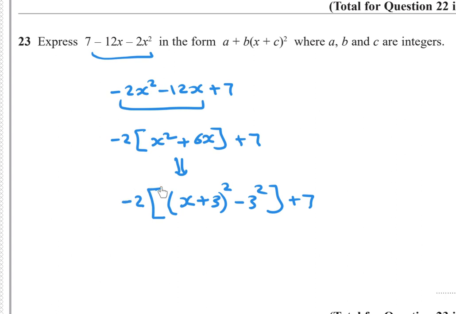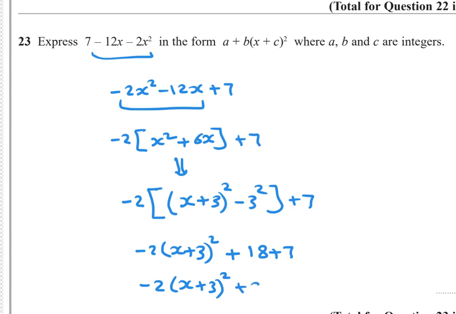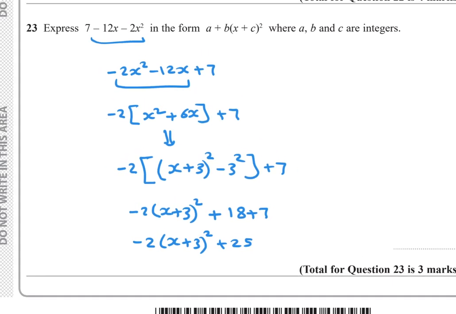Now multiply negative 2 by the bracket and by negative 3 squared, so negative 2 x plus 3 squared, and negative 2 times negative 3 squared equals positive 18 plus 7, so negative 2 times x plus 3 squared plus 25. You can rewrite 25 first, so 25 minus 2 times x plus 3 all squared.